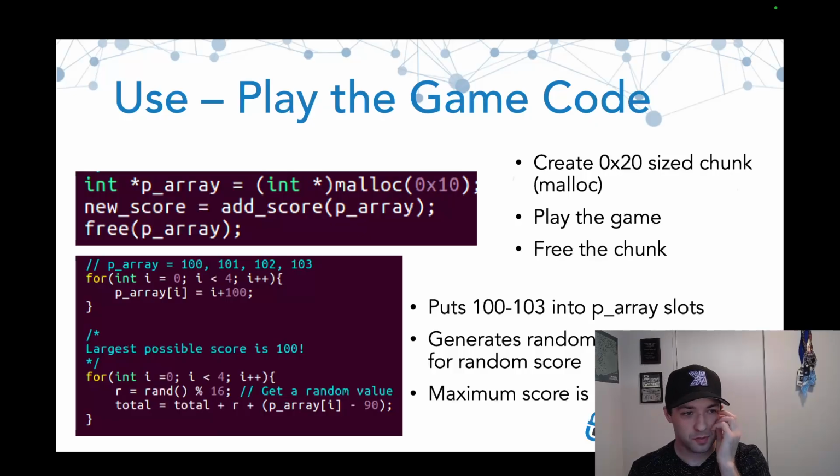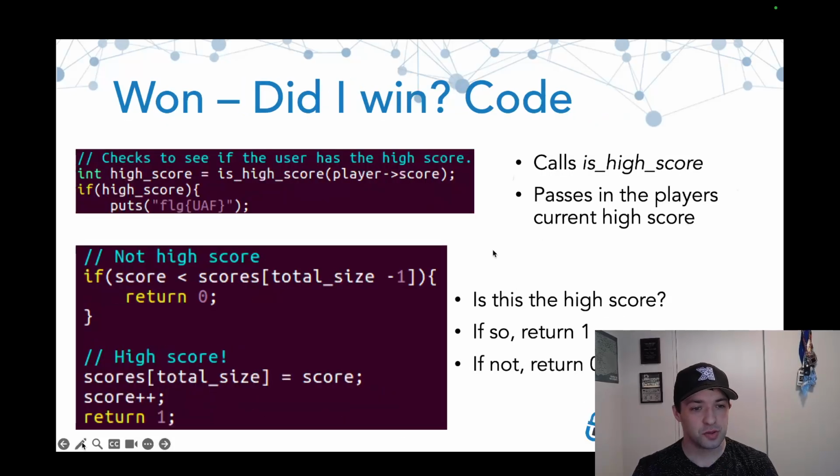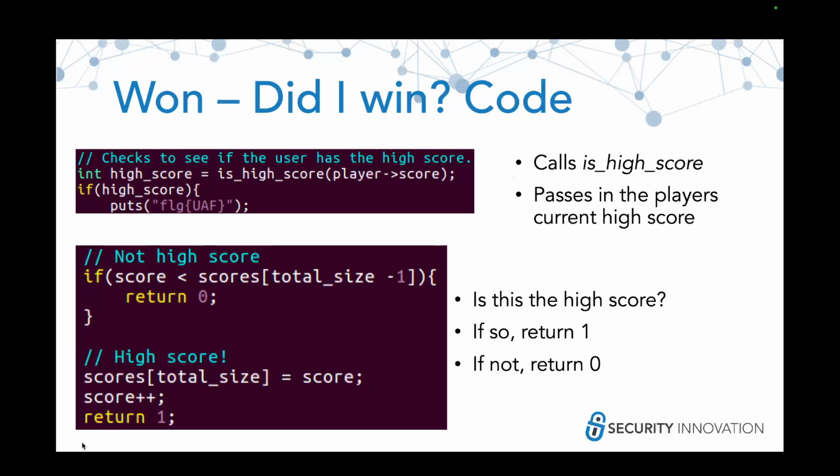Then there's the use. It creates a hex 20 size chunk, and then it plays the game. When it plays the game, it puts the value of 100 and 103 into this P array slot. It then generates random numbers in order to determine a score, and the maximum possible score is 100. However, if you look, you need to score at least 101 in order to get the high score.